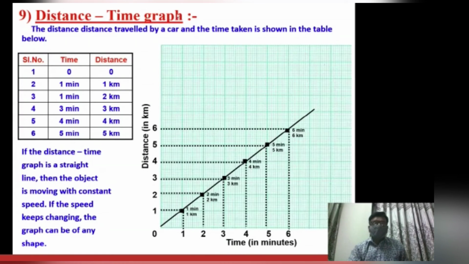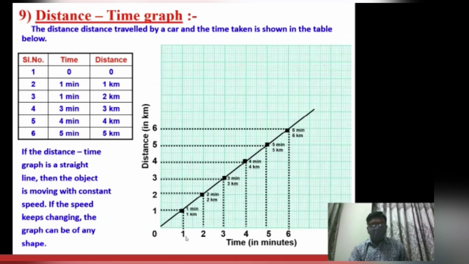We can plot the distance time graph. We take the time axis here and the distance axis here. The graph scale is 1 centimeter equal to 1 minute and 1 centimeter equal to 1 kilometer.